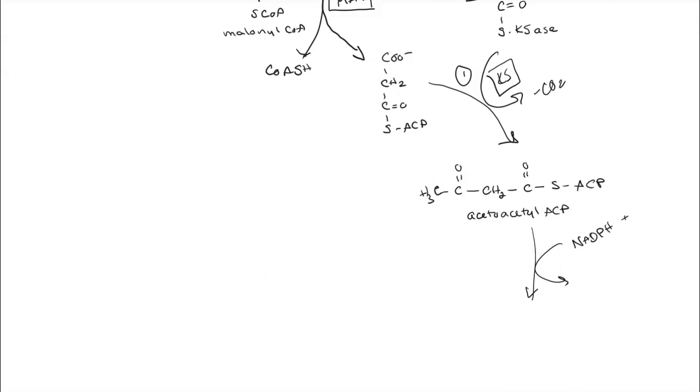NADPH plus a proton goes to NADP plus, and this is going to be driven by KR, which is, once again, beta-ketoacyl ACP reductase, R for reductase versus synthase in the first step. And what we're going to see here is the reduction of the first ketone drawn to an alcohol.